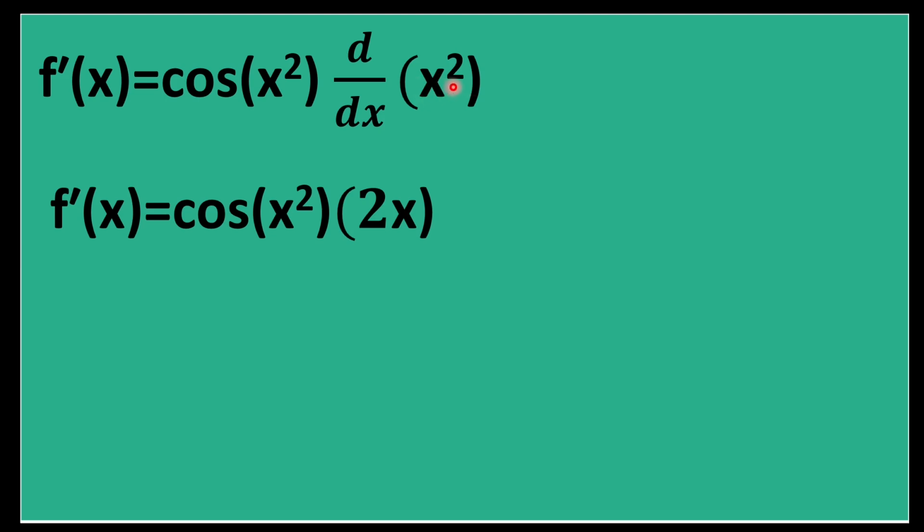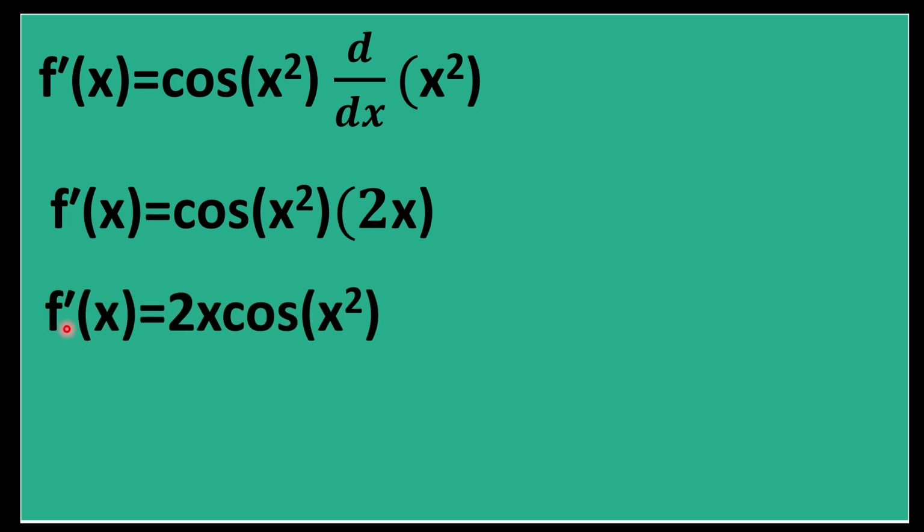So the differentiation of x square is 2x. So overall our solution will become f prime of x equal to 2x, this 2x in the start, and then cos of x square. So this is the differentiation of this question, and this is called the chain rule.